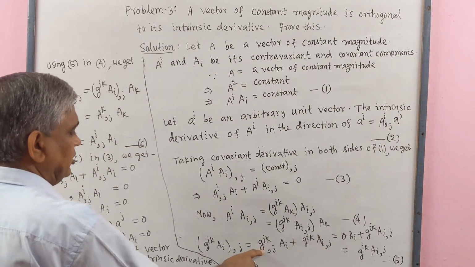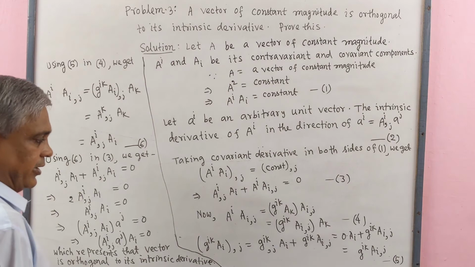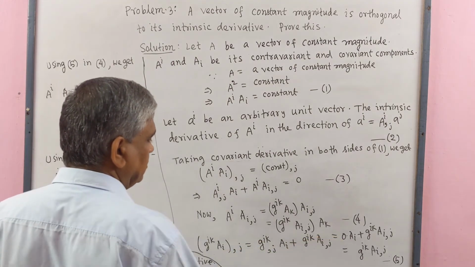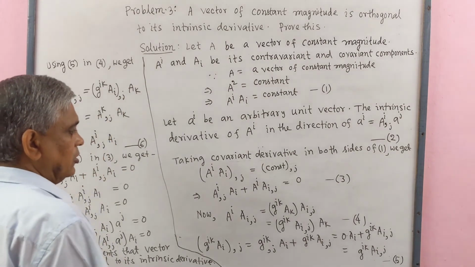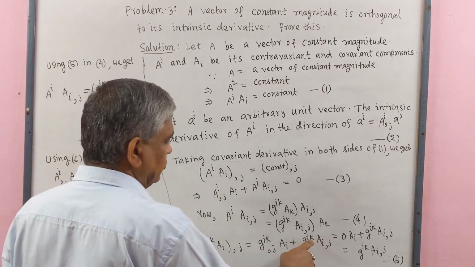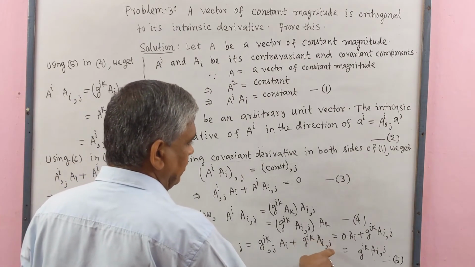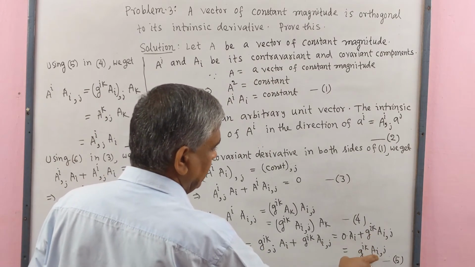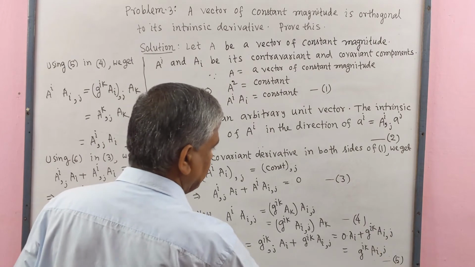Since g^ik is a covariant constant, the covariant derivative of g^ik is 0, plus g^ik A_i,j, so there remains g^ik A_i,j. This is number 5.